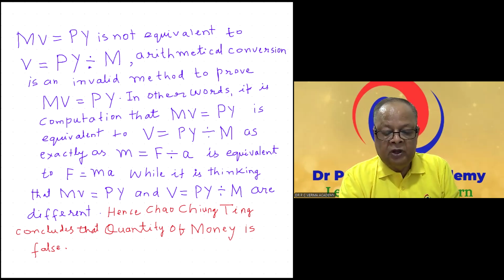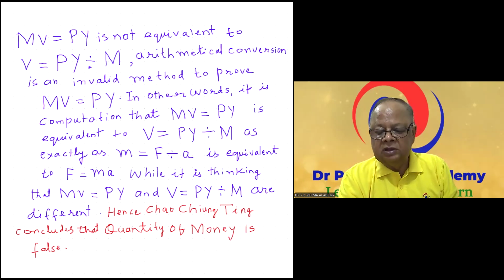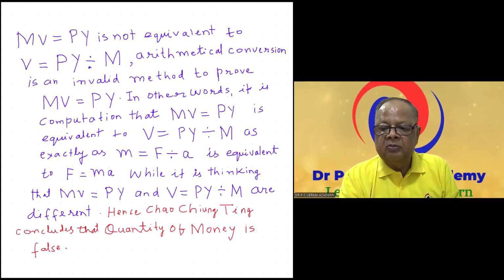But Chao Chiung Ting, in the International Journal of Economics and Finance, published in September 2017, tried to prove that MB is equal to PT. Here T means Y, so PT is represented by Y. MB is equal to PY.